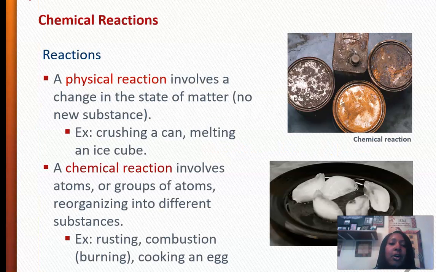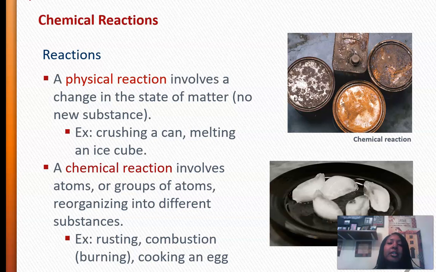All right, so there are chemical reactions, like I said, occurring inside of living organisms. There are two types of reactions that we're going to talk about. A physical reaction involves a change in the state of matter, and so no new substance is produced. For example, crushing a can, melting an ice cube, those are physical reactions.